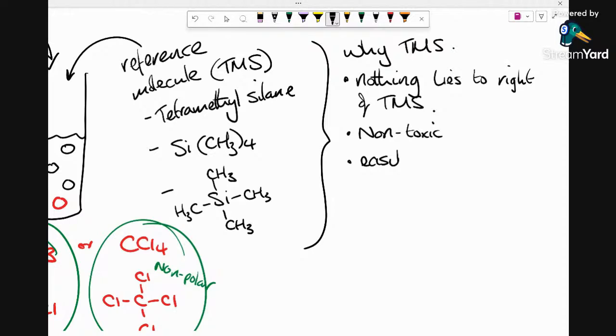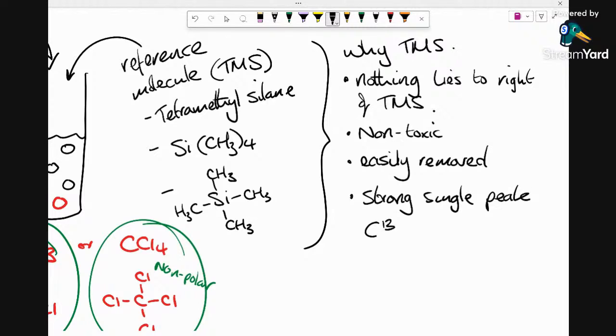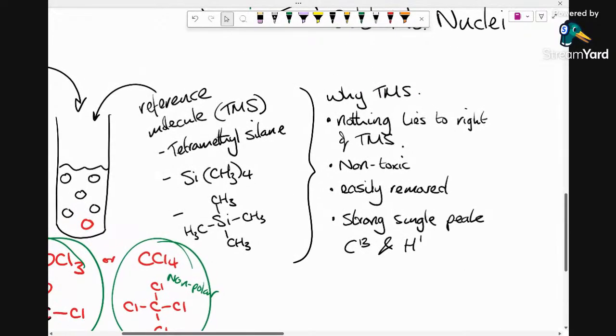It also gives a strong single peak in NMR, in both C13 and proton NMR. So it has both. This makes TMS ideal for this circumstance, and it's the reference molecule.